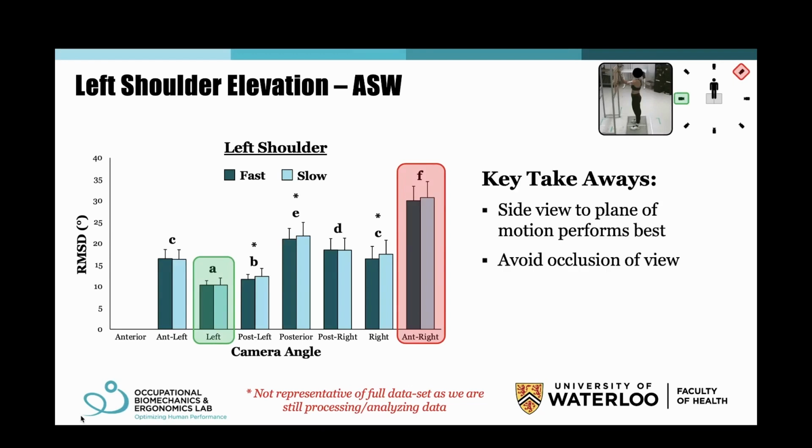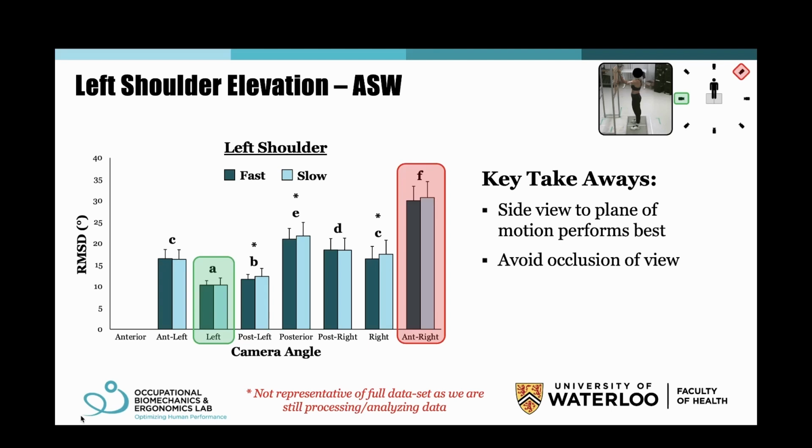So the key takeaway here is that a side view of the plane of motion, that is the major joint of movement, so flexion extension in this case, performs best. If we take the camera view from the left side, we're seeing that working the best.